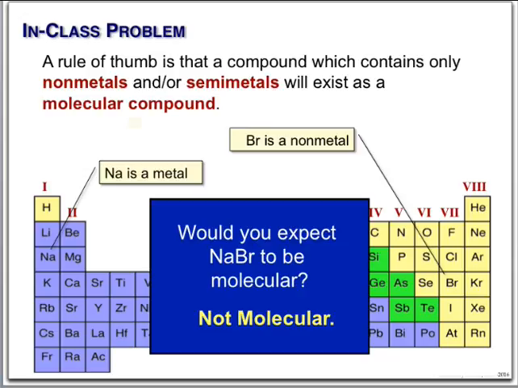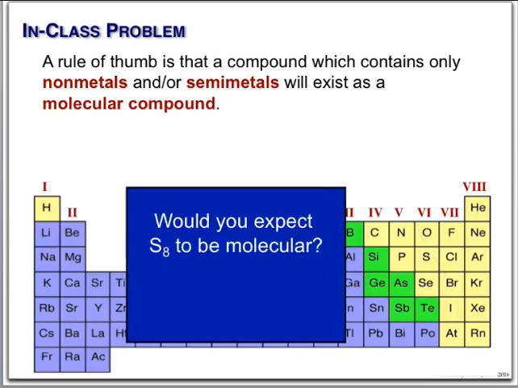Now this last one I just put in because I think it's cute. Remember we said chlorine exists as Cl2, nitrogen is N2, whatever. Sulfur, it turns out, exists as S8. Are the bonds in S8 going to be covalent or ionic?